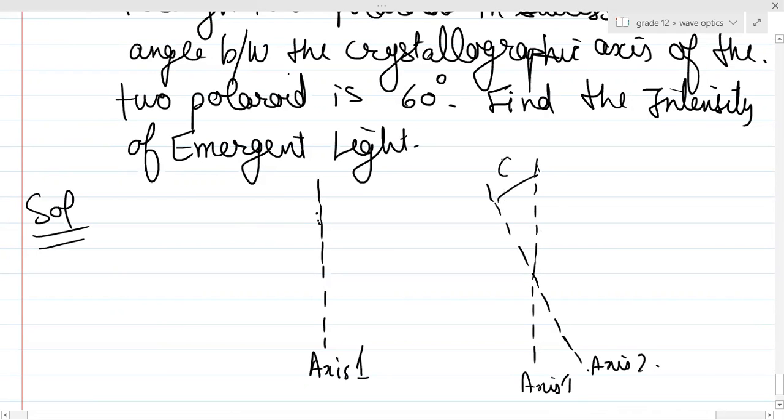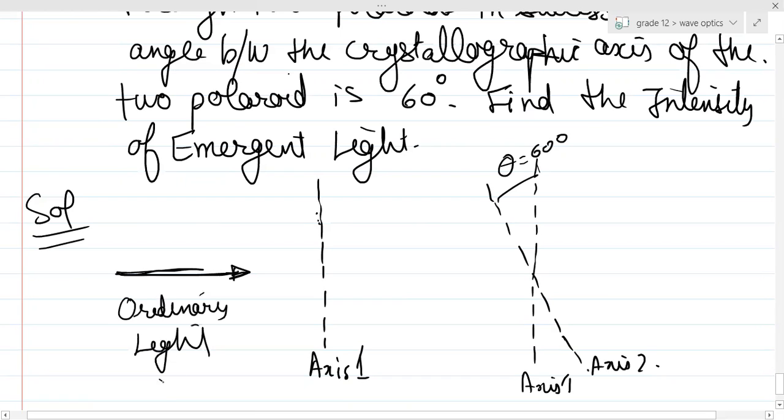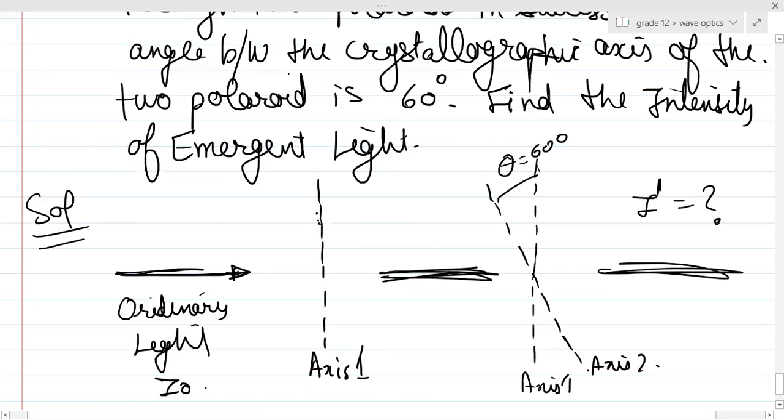Basically, the angle between them, they have given it as 60 degree, and they are passing an ordinary light of intensity I naught. So you need to tell me what is the intensity of this wave. You understood the question?